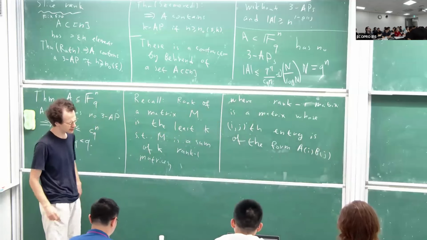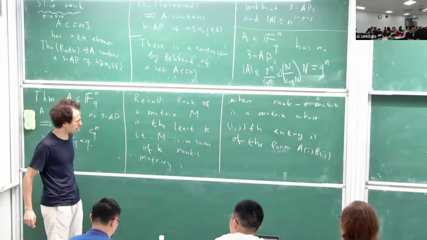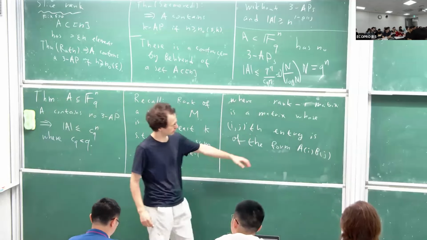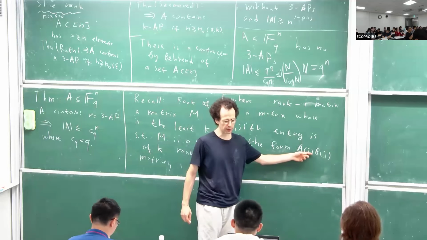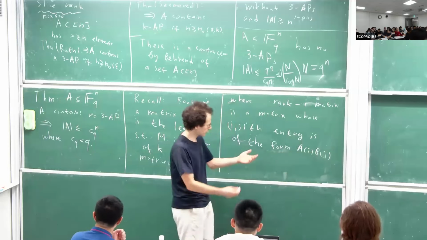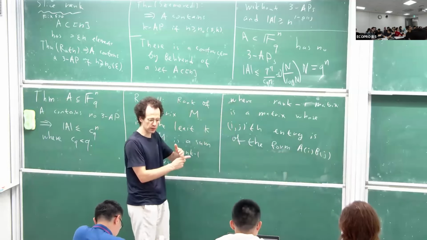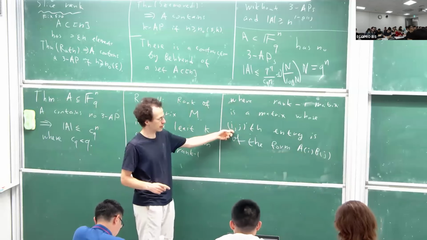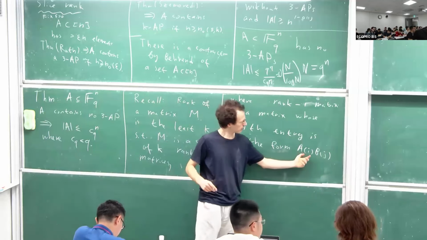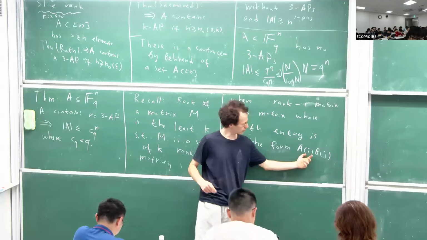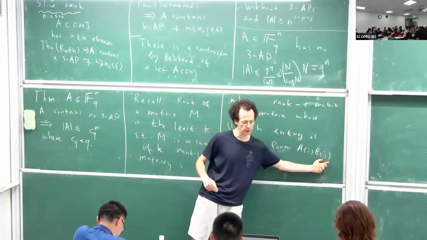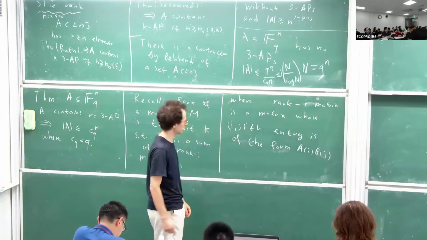I wrote it slightly differently than we normally write it. Normally we would write just the product of a column vector with a row vector. But if you think about what it means, it means exactly this: the ij entry is the product of the ith entry of the column vector and the jth entry of the row vector. So this is exactly that condition.